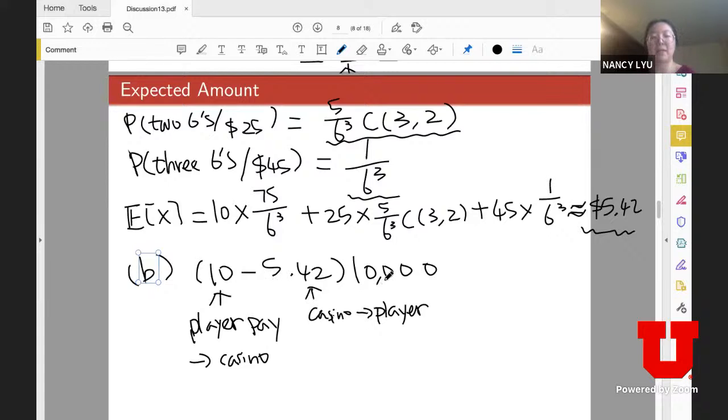And you're going to multiply that by 10,000 games. And this is equal to $45,800 for the casino to make in one day. And that's a lot.